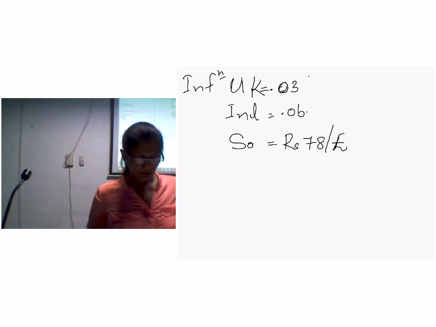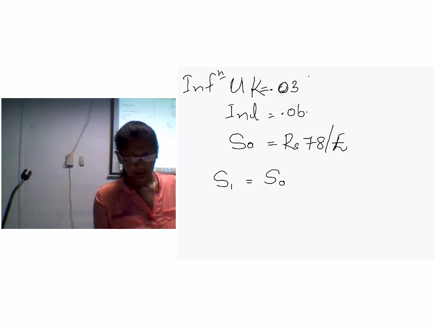So we know the equation, and we have to find S1. S1 is equal to S0 times the inflation differential between the two countries: (1 + 0.06) divided by (1 + 0.03).